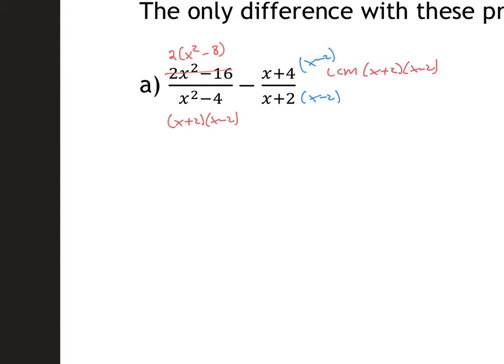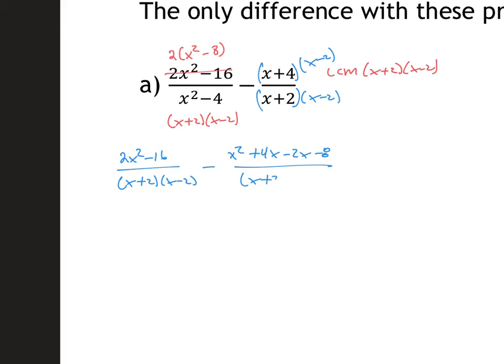So what I have here, since I can't simplify, I'm going to go back to what I started with. So 2x squared minus 16 over x plus 2 times x minus 2 minus, and I'm going to FOIL this as I write it. So up top, that's going to give me an x squared plus 4x minus 2x minus 8 over your x plus 2 times x minus 2.